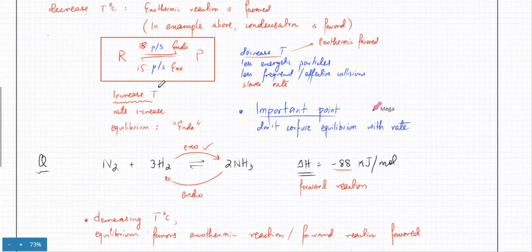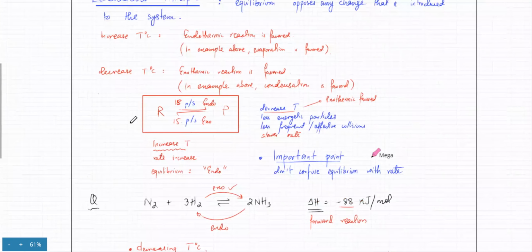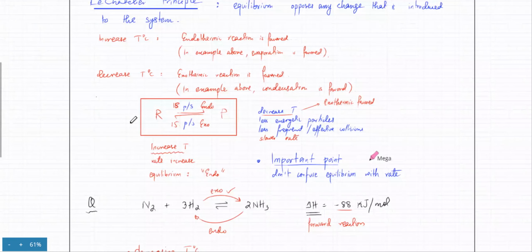And if you increase temperature, rate would increase, irrespective of whether it's the forward or the backward. What equilibrium suggests is that one of the reactions would be faster and one of the reactions would be relatively slower. So both of the reactions could decrease in speed, but still one of the reactions would be faster compared to the other one. Which one is favored, which one is faster compared to the other one, can be determined by these two points. Okay, do we have any questions about this?